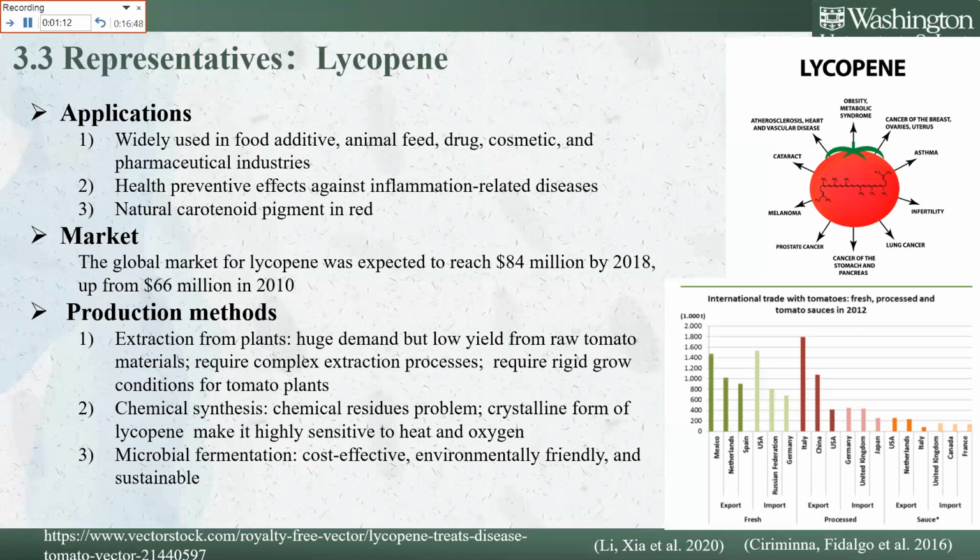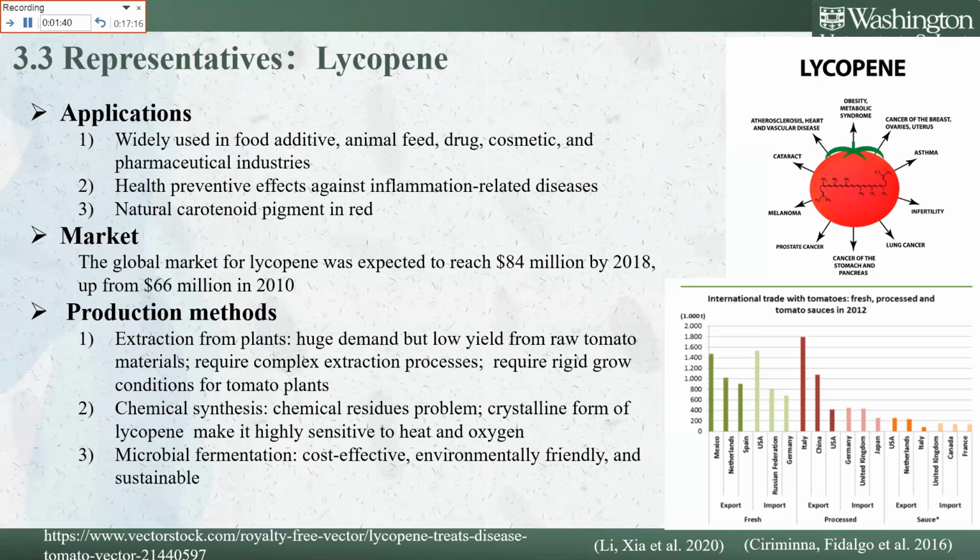extraction from some plants, mainly from the tomato, but it has the disadvantages that it requires a huge amount of raw materials with a low yield, and it also requires a complex process and rigid conditions. The second one is chemical synthesis, but it faces the problems of producing some chemical residue.